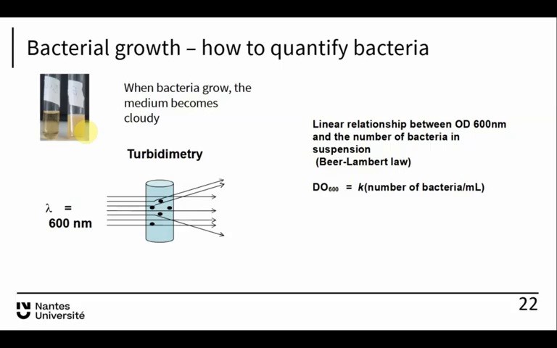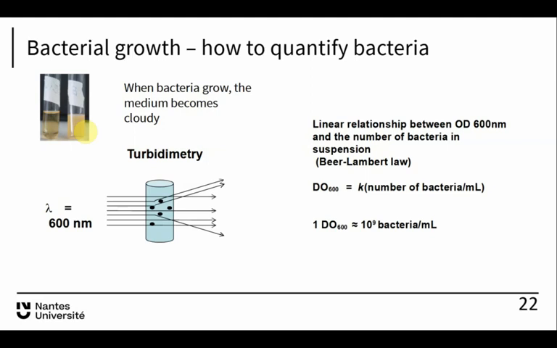Here, we've got particles in suspension, so it's not really an extinction coefficient. For bacteria, basically one OD 600 unit is equivalent to 10 to the 9 bacteria per ml. And that coefficient is variable from one bacterium to another.